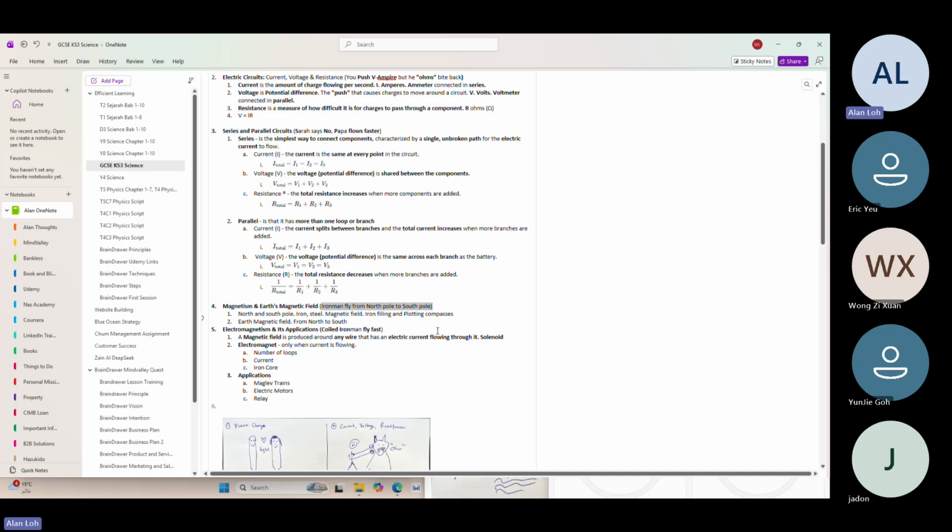How does this story relate to drawer number 4? If you remember, drawer number 4 is talking about the Earth. The Earth is also a magnet by itself. So there's a North Pole, there's a South Pole, right? And a magnet needs iron or steel, different materials, to be magnetized.